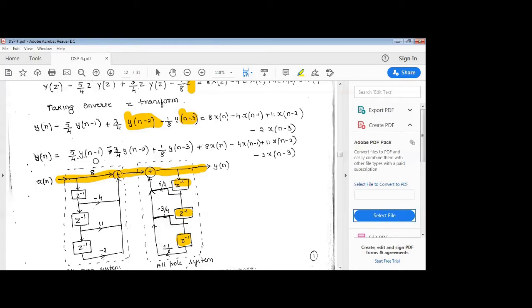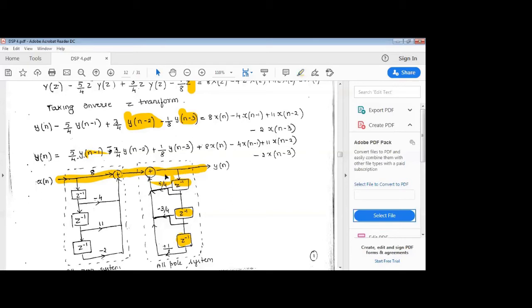So y of n is given by what? 5 by 4, which has to be multiplied with my delay element, that is for y of n minus 1. Here it is y of n minus 1. So I'm multiplying with the multiplier value, that is 5 by 4, into y of n minus 1, that is nothing but z inverse. So this is 5 by 4 into z to the power of minus 1.